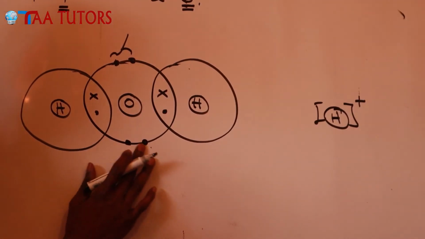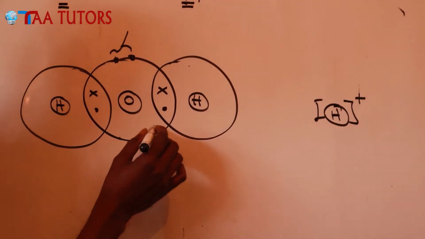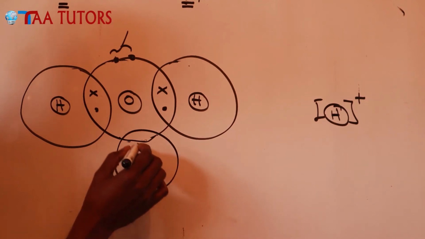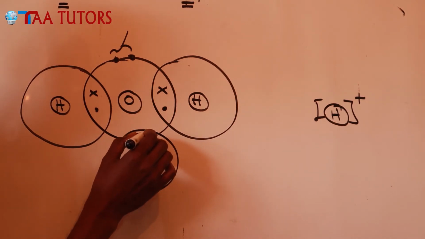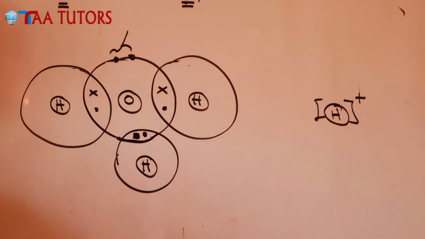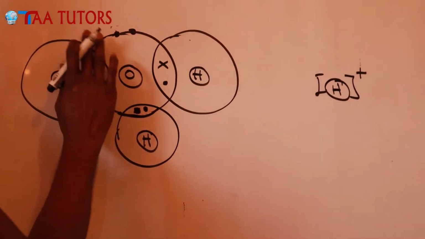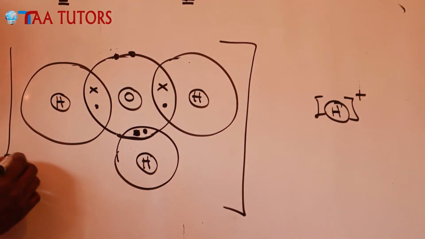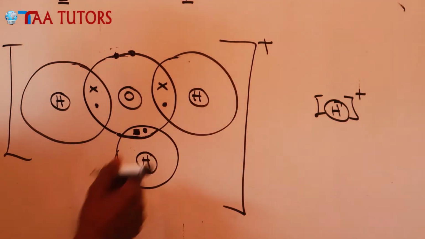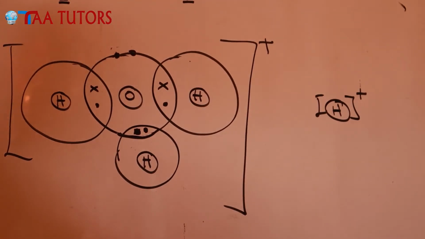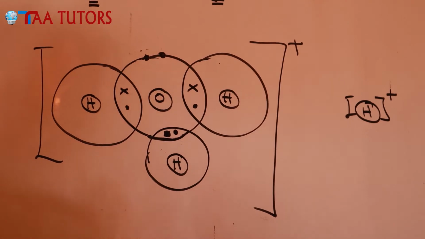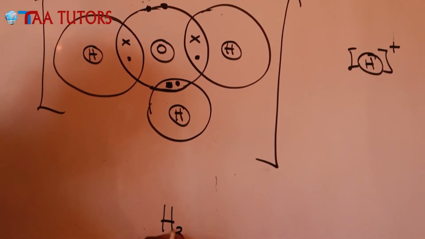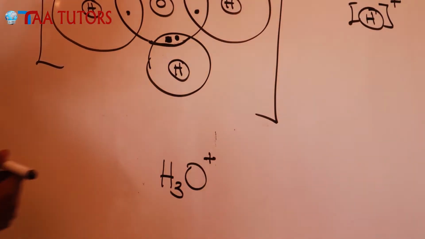So in this case, if we bring that one here to share, the hydrogen will share electrons only coming from oxygen. But once that happens, that ion is coming with a charge of +1. So we end up with what we call the hydroxonium ion, and that is what we have here, H3O with a positive.